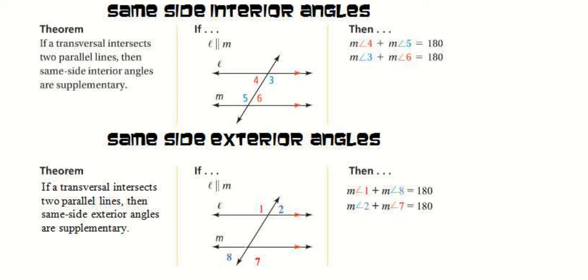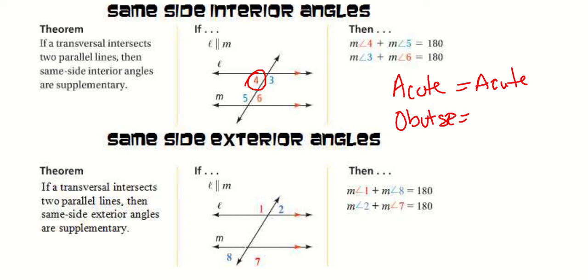All right, now a good easy way to remember whether they're equal or congruent is, are they the same size? So there's two types of angles here. There's acute angles, which are less than 90, which here you would say angle 4 represents an acute angle. An acute angle is always equal to another acute angle if the lines are parallel. That's important. That means the other type of angle has to be an obtuse angle. Remember, they form 180 degrees.